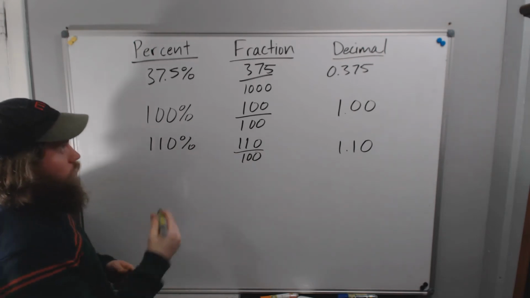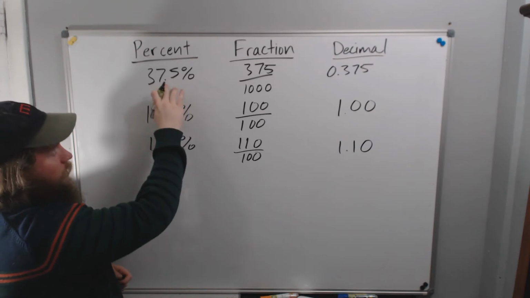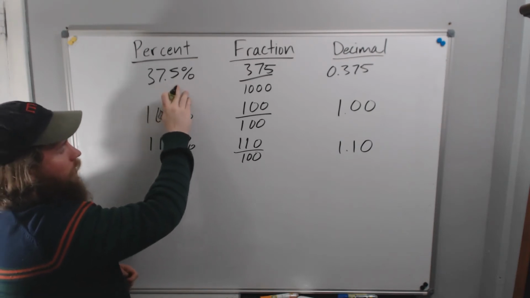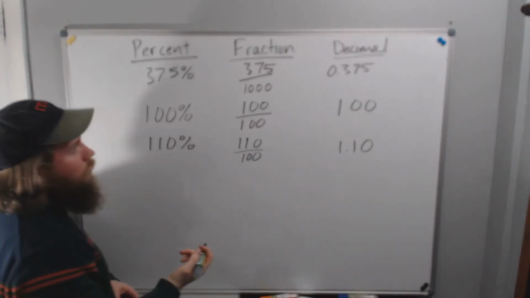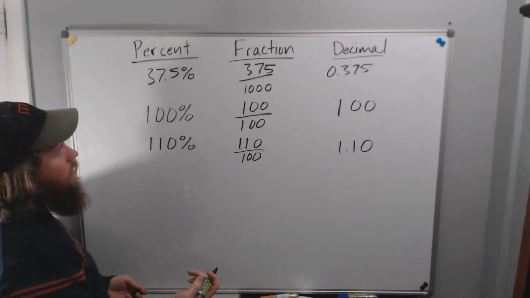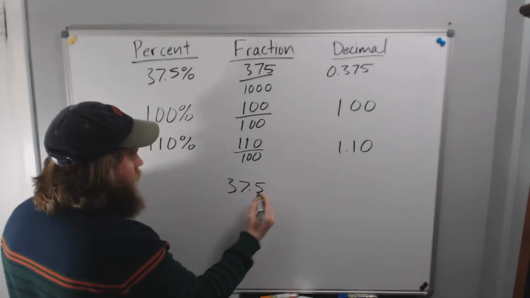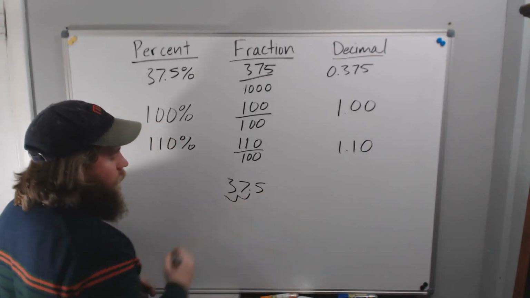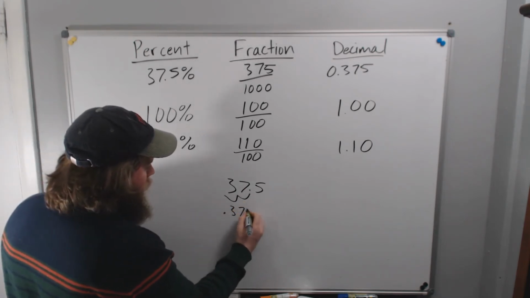So let's look at 37.5%. In the percent, the decimal is between the 7 and the 5. But over here, it's before the 3. So what it really looks like is the decimal hopped over two spots. So now we have 0.375.